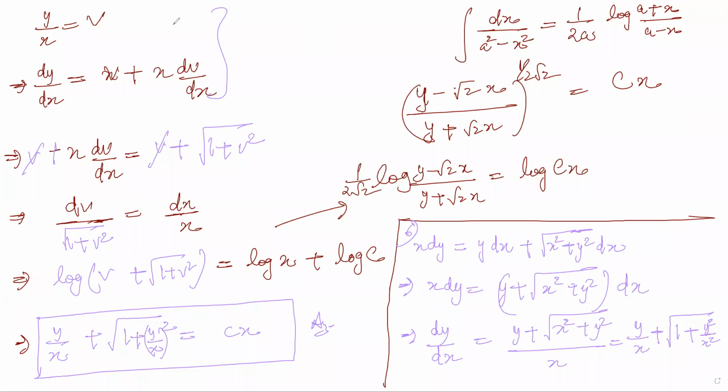Are you guys able to solve 7th? See, this is also a direct identification for homogeneous DE. If you see any expression in which you are given directly y by x or x by y, so in 7th, we are given cos of y by x and sine of y by x, then again, in the right hand side, sine of y by x and cos of y by x.